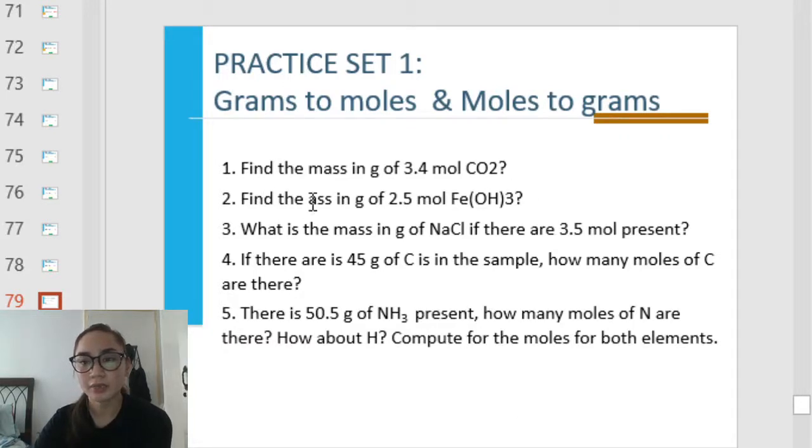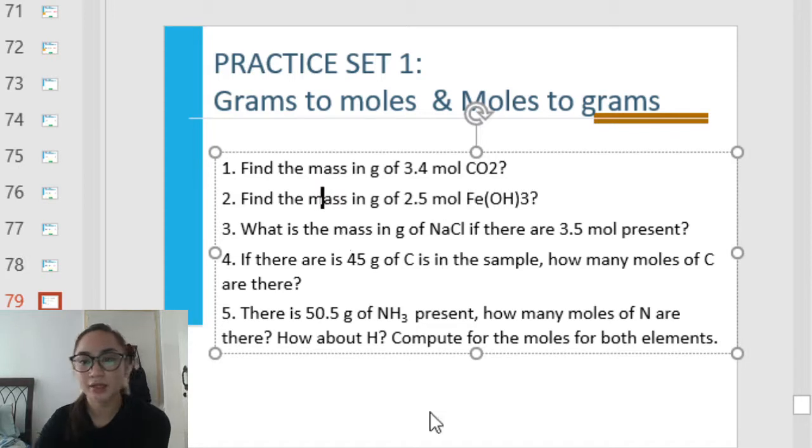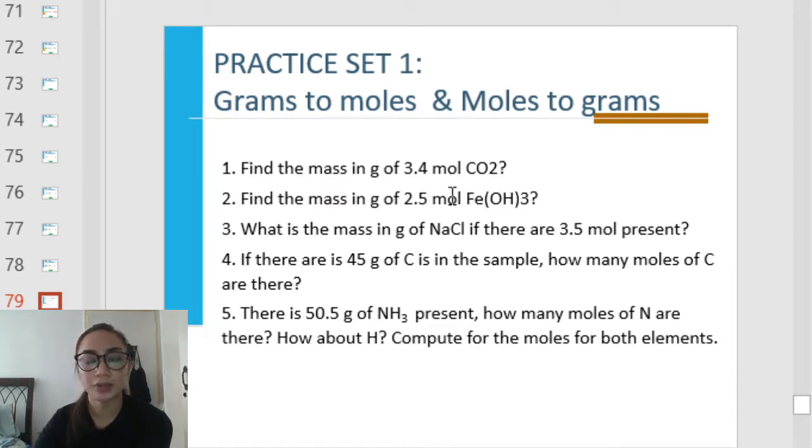Okay, next is find the mass in grams of 2.5 moles nitong iron 3 oxide. And what is the mass in grams of NaCl if there is 3.5 moles present? So, dito sa number 3, binago ko lang yung question dito but it is the same formula as this 1 and 2.